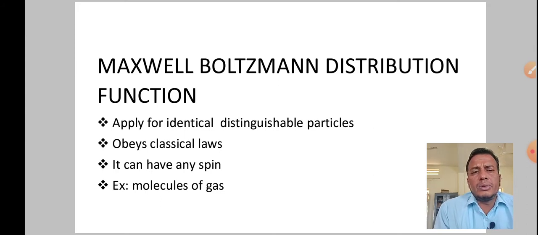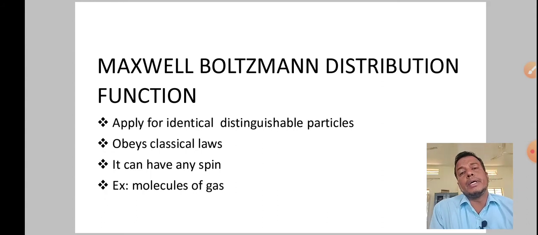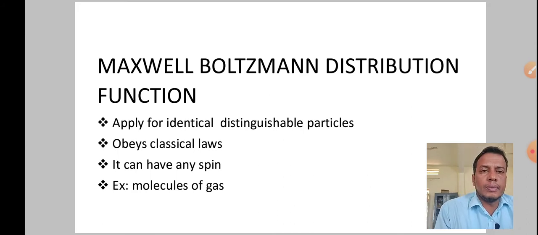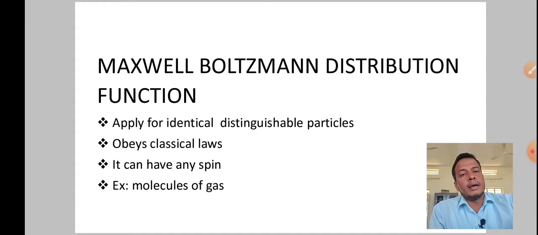It can apply to any spin, whether half spin, 0 spin or 1 spin, and it does not obey the Pauli exclusion principle because that comes under quantum law. An example is the molecules of a gas, which move freely and obey the Maxwell-Boltzmann distribution law.